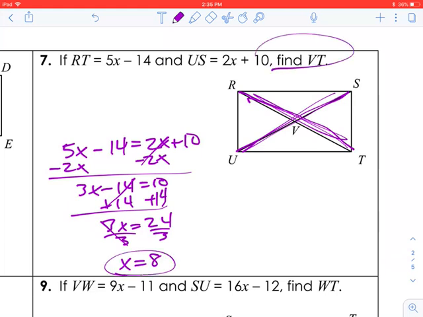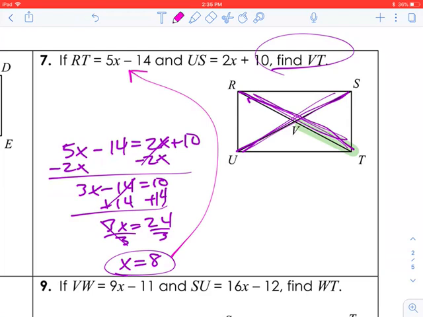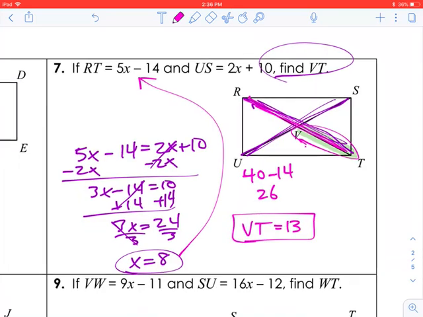Well, it didn't say find x. It says find VT. Well, VT is only part of the diagonal. So I need to plug it into RT. Okay? So when I do that, 5 times 8 is 40 minus 14, which is 26. That's the whole thing, though. So half of it is just half of 26, so VT equals 13, half of 26.